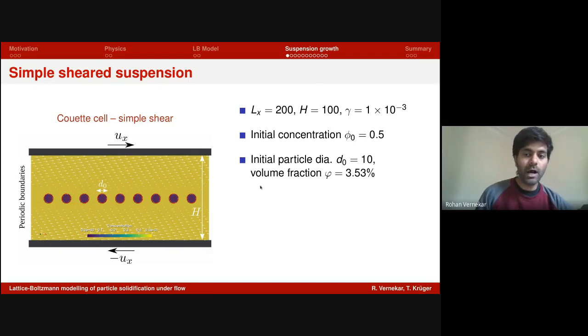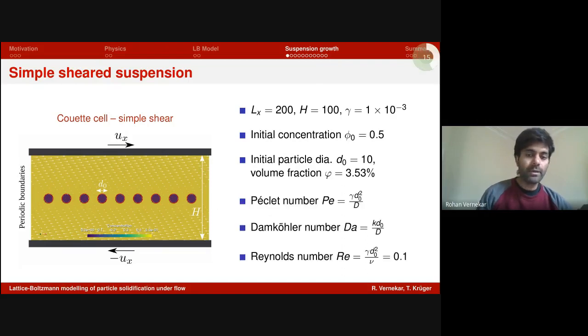All of these are 10 lattice units in diameter, and this leads to a volume fraction of about 3.5. The concentration is uniformly distributed throughout the Couette cell, and we've defined our Peclet, Damkohler, and Reynolds numbers based on the shear rate and the initial particle diameter.